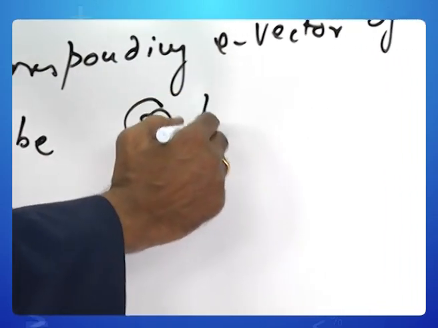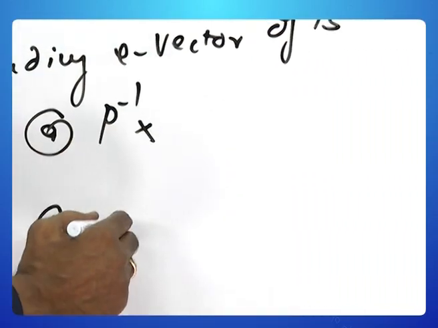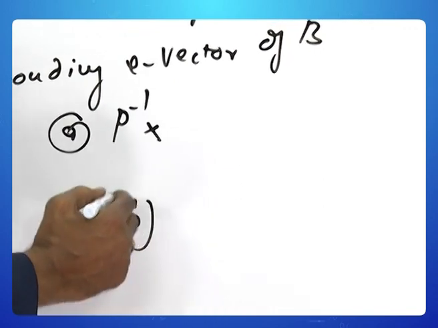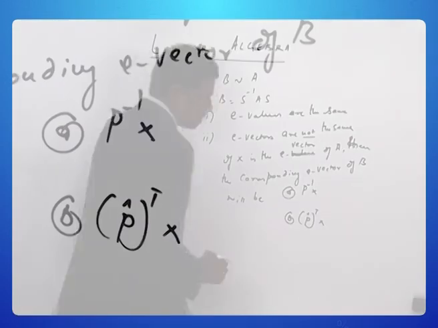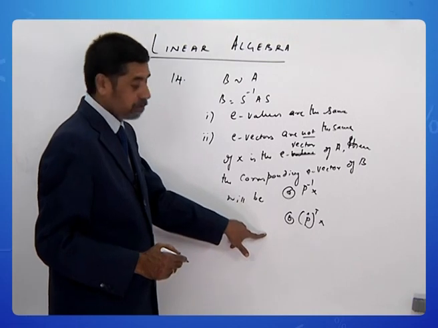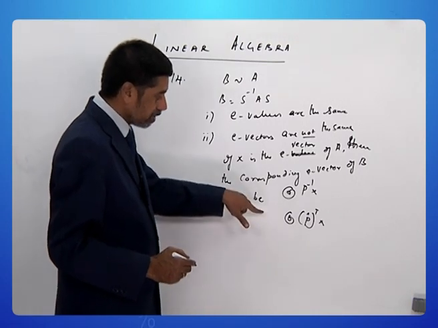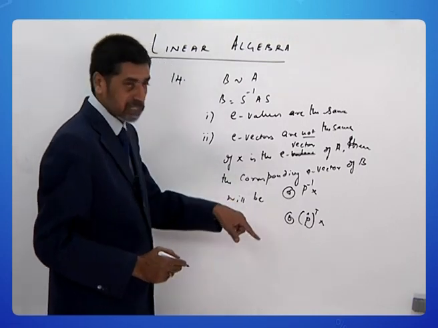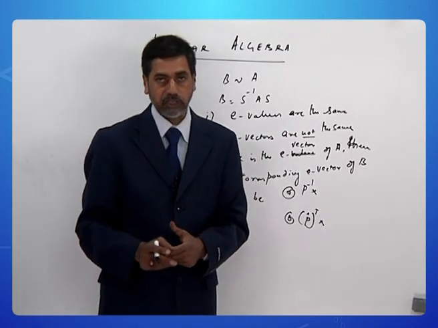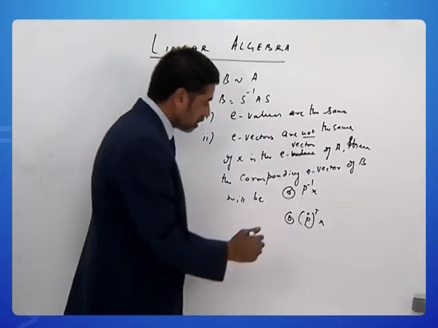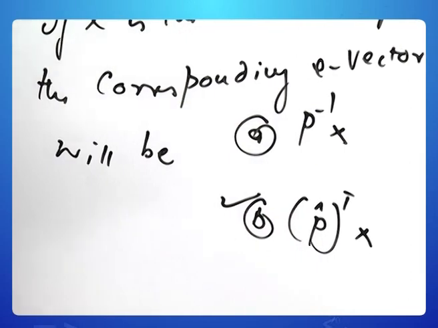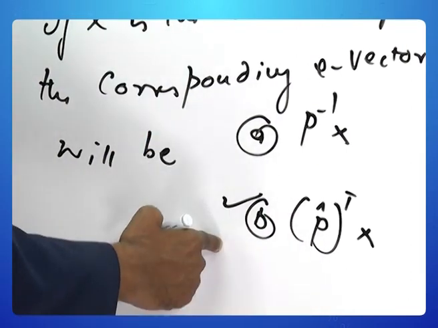One is P inverse X. The second is P transpose X. Both are correct. But in this question, it has been given that the modal matrix consists of orthonormal vectors. Therefore, this would be perfectly alright. In fact, this is also true, this is also true.